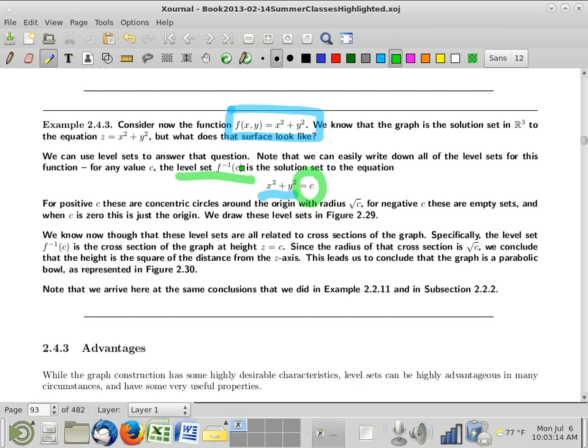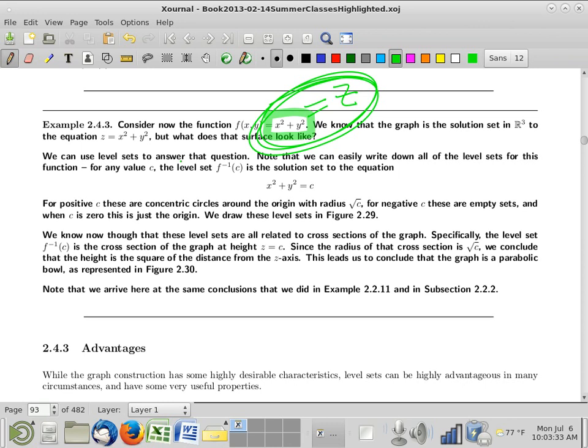Now, does that relate to the graph? Well, sure. Remember, the graph of this function is what you get when you set this equal to a new variable z. And we drew that graph. That graph was a paraboloid.